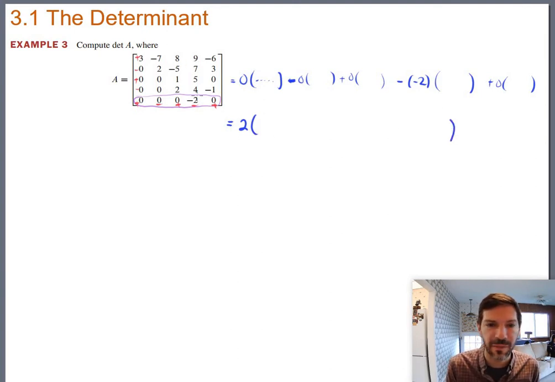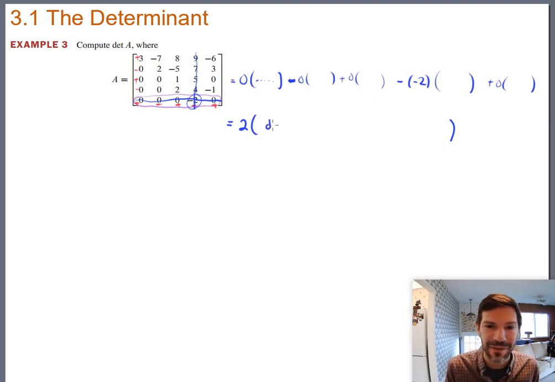Okay, so I'm focusing particularly on this term, the only one that's non-zero, and that means I'll cross out this row and this column. So that means I'll do the determinant of what's left.